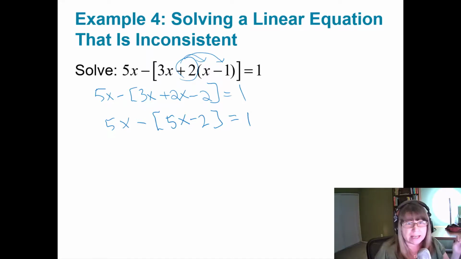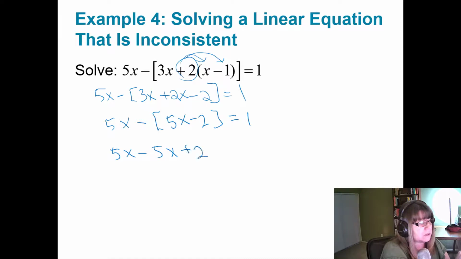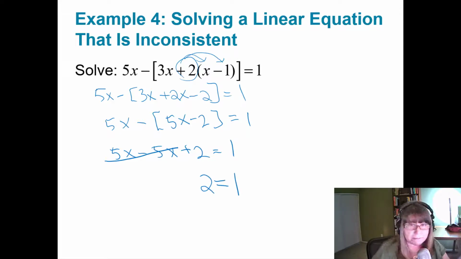Next, I'm going to go ahead and distribute that negative through. If you need to see it, put a 1 in front and distribute a negative 1. I'm going to just do the negative: 5x minus 5x, negative times a negative is a positive 2. And it turns out 5x minus 5x is 0, and I get an answer of 2 equals 1.